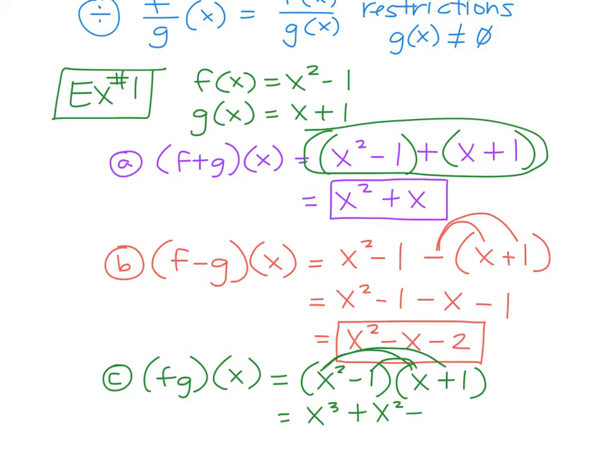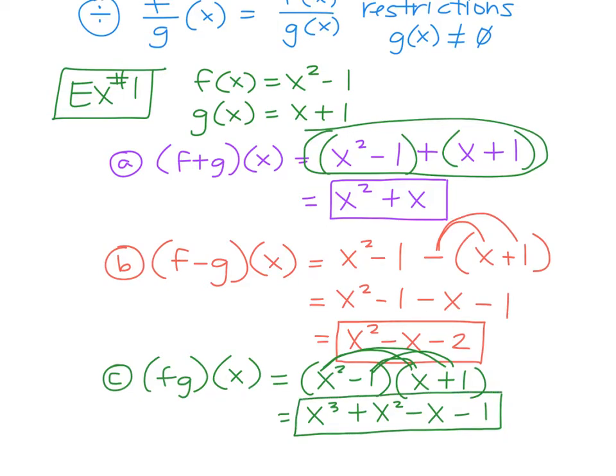Negative 1 times x is minus x. Negative 1 times 1 would be minus 1. Okay. Anything you can simplify there? Nope, that's your answer. You would leave it just like that.